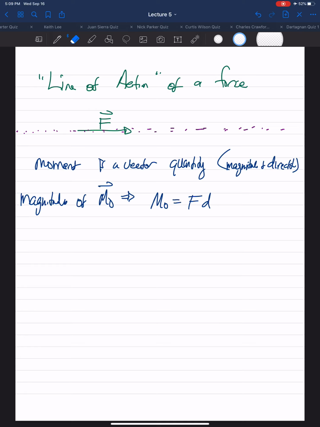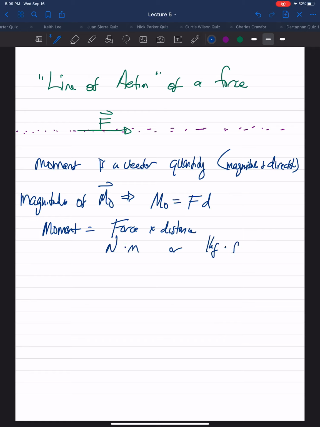And since moment is force times distance, units are either in Newton meters or pound force feet.